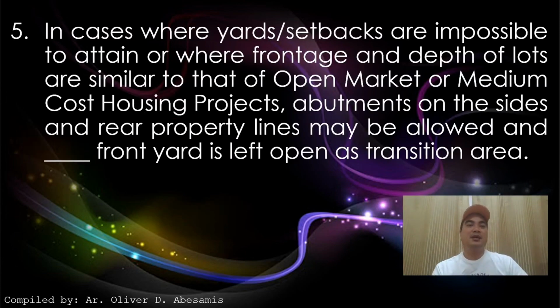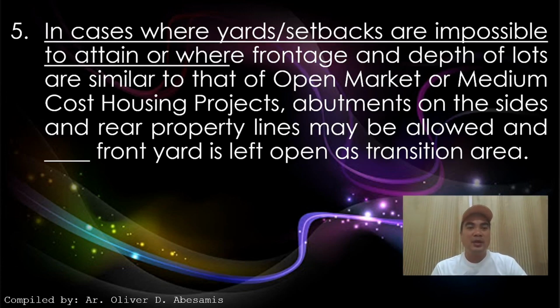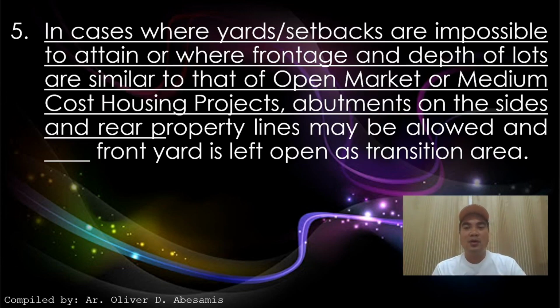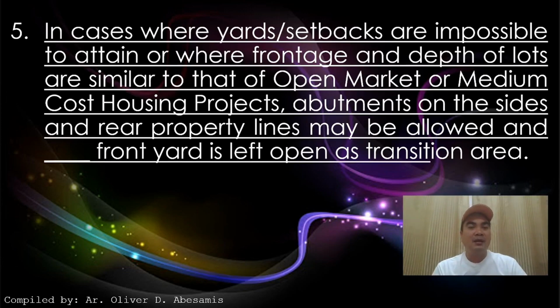Number 5. In case where yards setbacks are impossible to attain or where frontage and depth of lot are similar to that of open market or medium cost housing project, abutments on the sides and the rear property line may be allowed and blank front yard is left open as transition area.